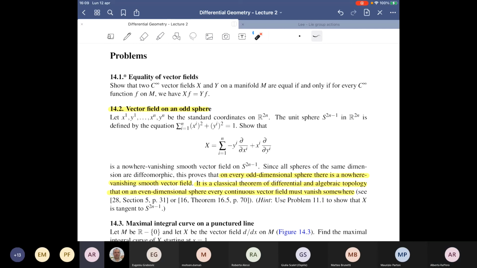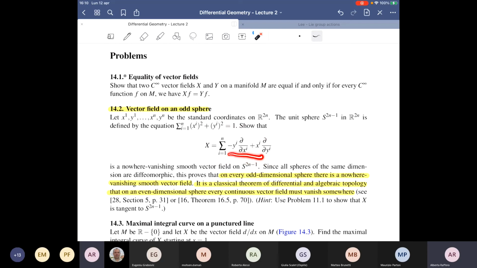And in this case, you are defining the odd-dimensional unit sphere S of dimension 2n minus 1 in R2n in this way, by means of this equation. And then this problem tells you to show that this vector field X, defined in this way, is a tangent vector field to the sphere.